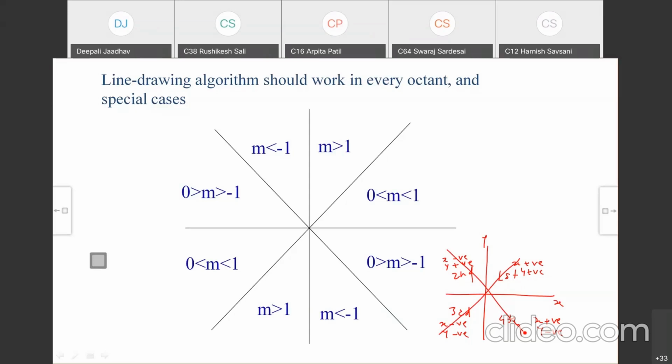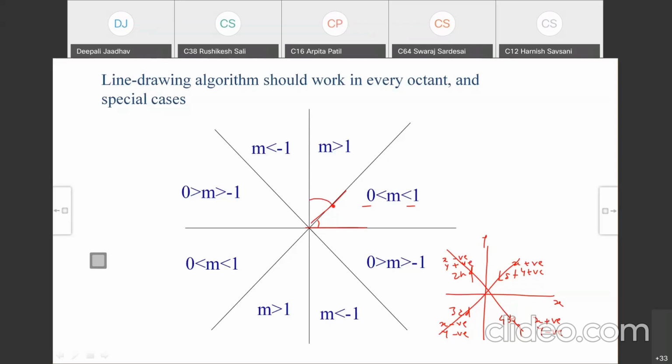If the slope of the line is greater than 0 and less than 1, then the line is in this octant only. If m is greater than 1, then the line will be here only, in this octant.